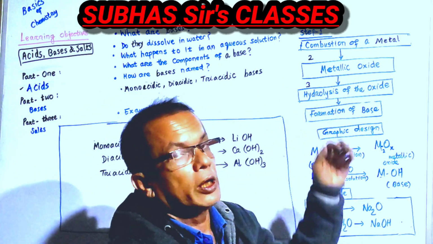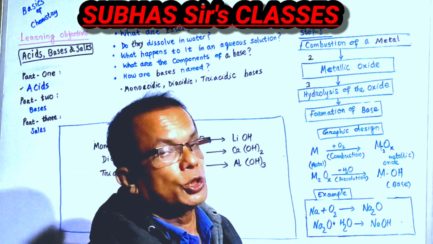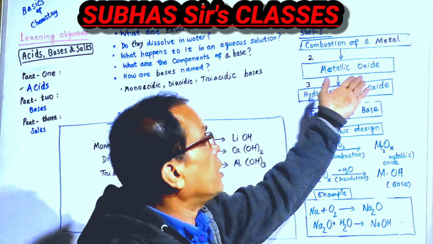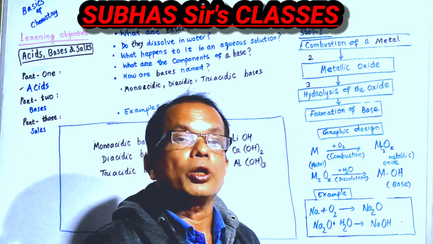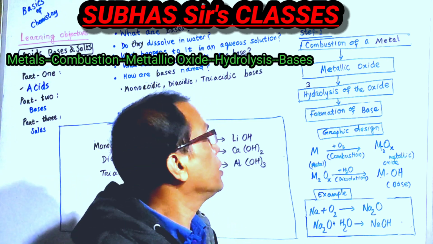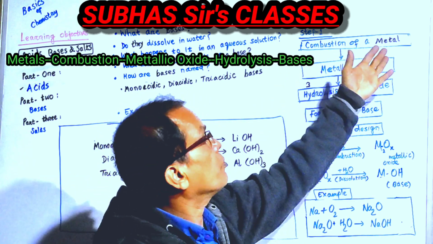Just have a metal and burn it in the presence of air, meaning have a combustion of a metal. You will get the metallic oxide, because you know everything burning in air in the presence of oxygen gives an oxide. So you will get a metallic oxide from a metal.